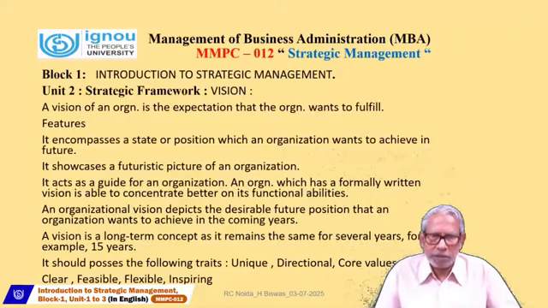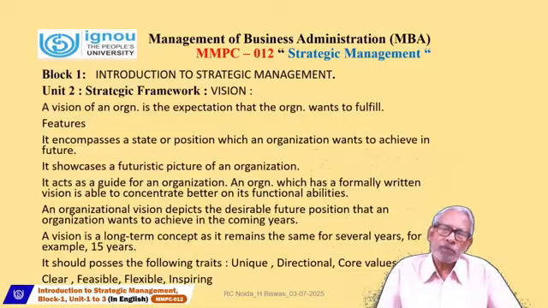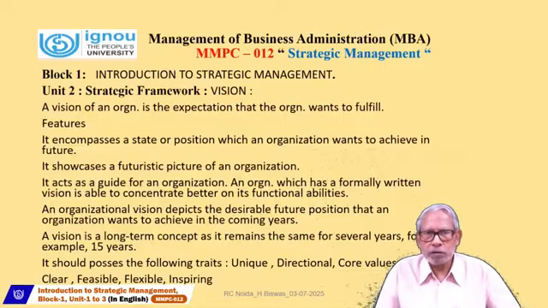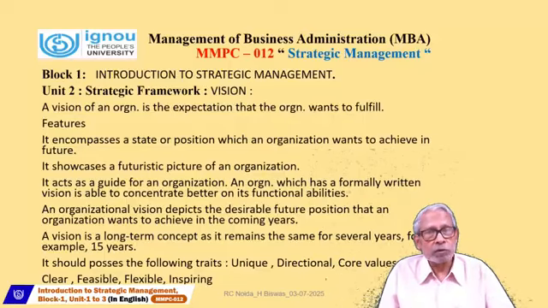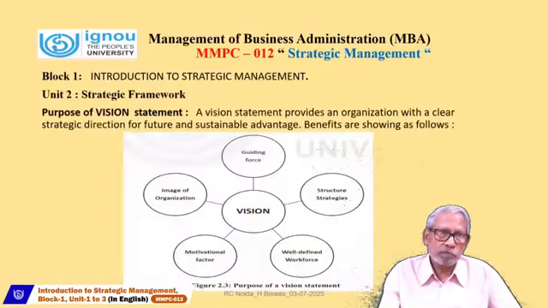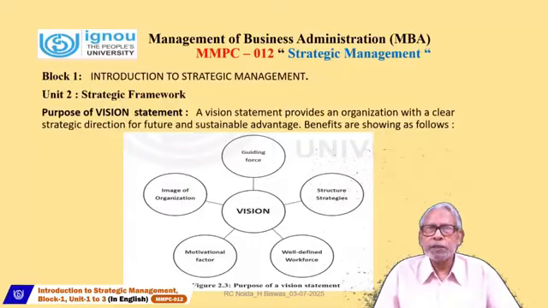The following are some of the traits you have to see. First of all, you have to try to search for some uniqueness, directional, core values, clear. That should be clear, visible, feasible, and inspiring. So all these qualities, all these traits should be there when you are in this process. Then regarding the vision: here you see the vision basically is a statement.